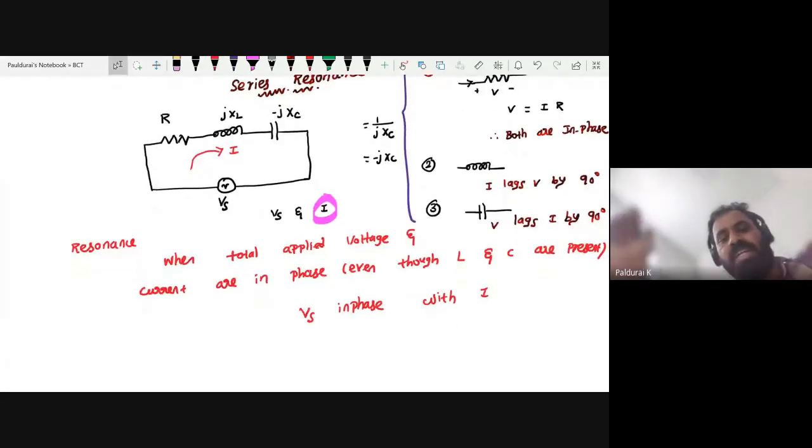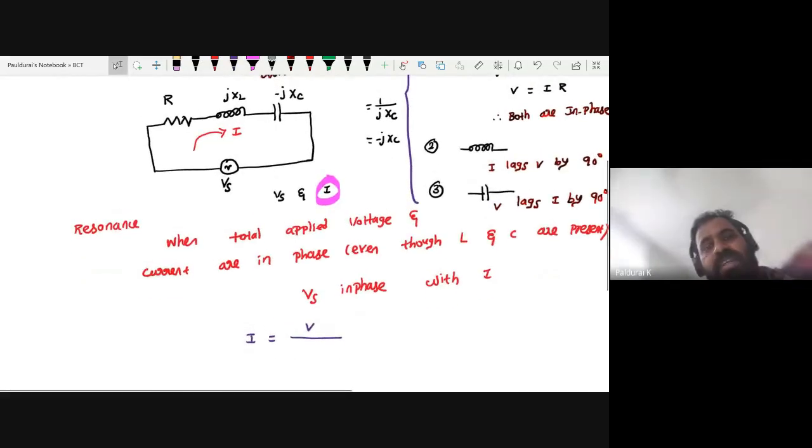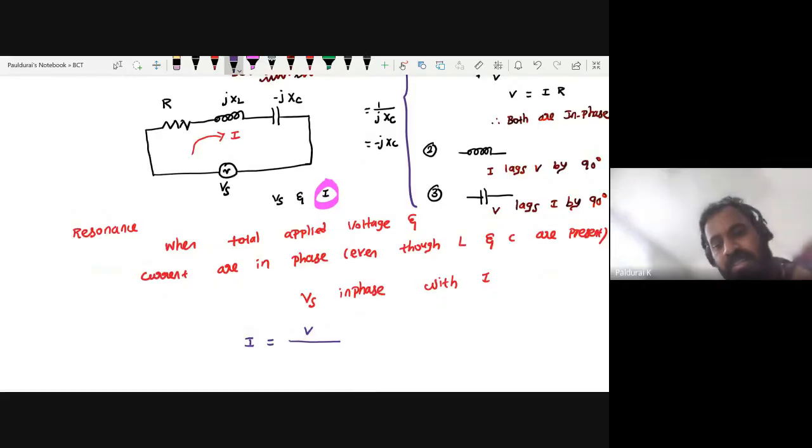For that, you want to find what is your I. I equal to V by R, right? Here R, plus jXL, plus jXC are all connected in series, so simply add everything.